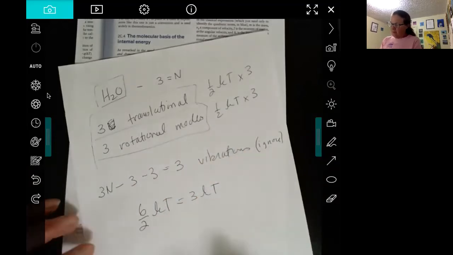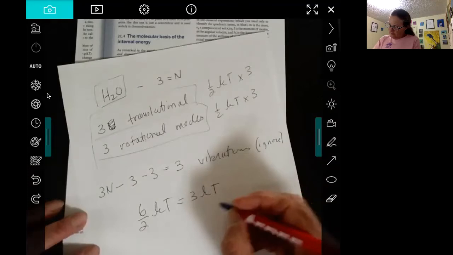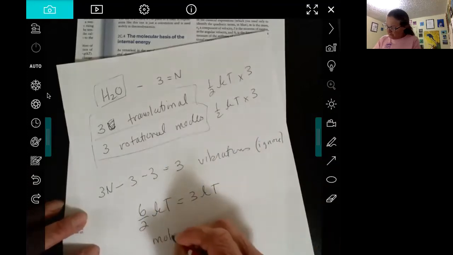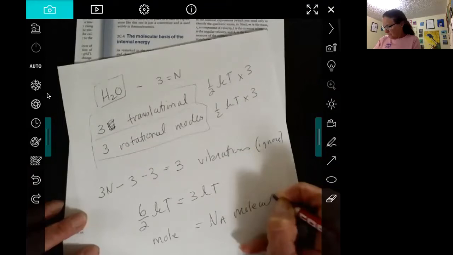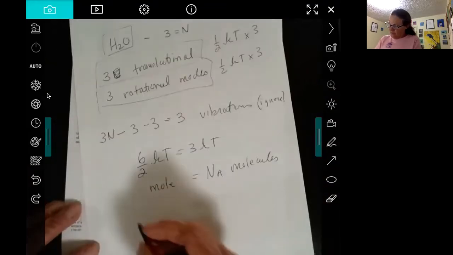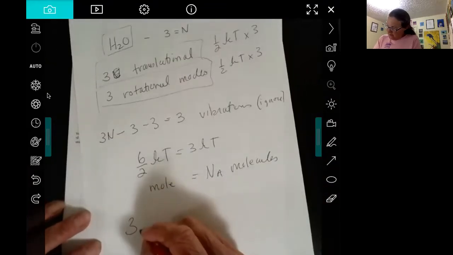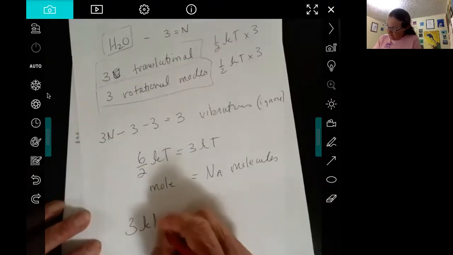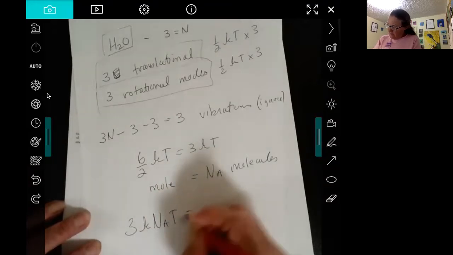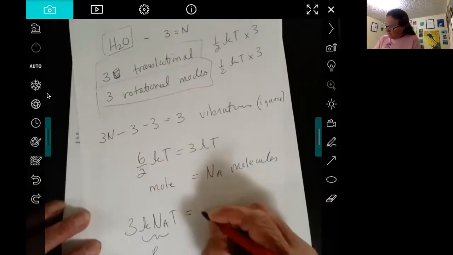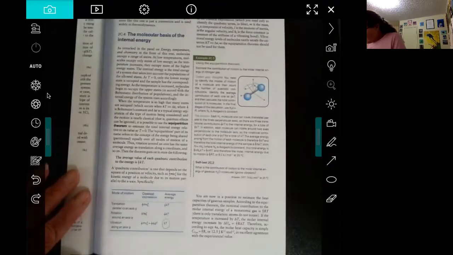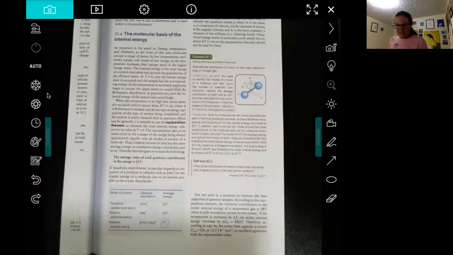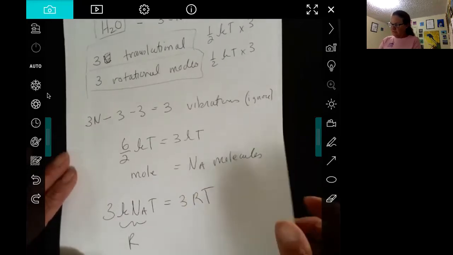And if we want to have a mole of that, then we multiply that by Avogadro's number. And so we end up with 3 K N_A T, which equals R, and so you end up with 3RT is the contribution. And you could actually calculate that by putting in a value of R and T if you wanted to.